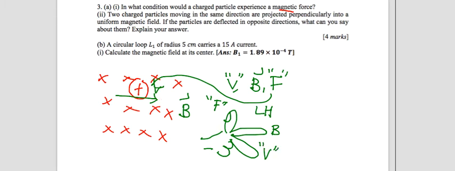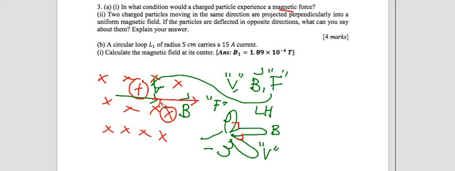So this is 90 degrees. The direction of B is into the page, because this is the symbol of B into the page, and the direction of the particle is to the right.